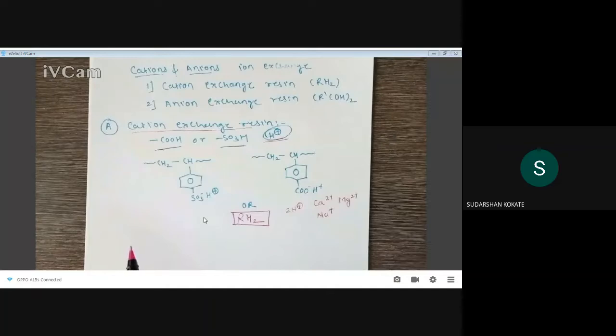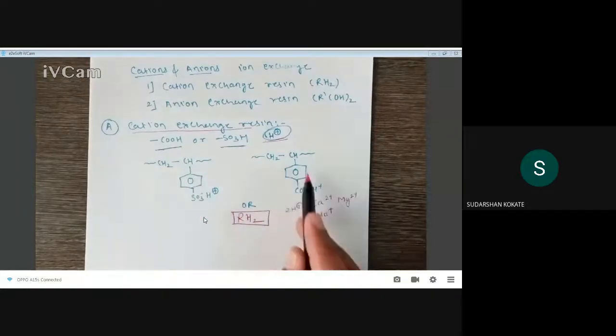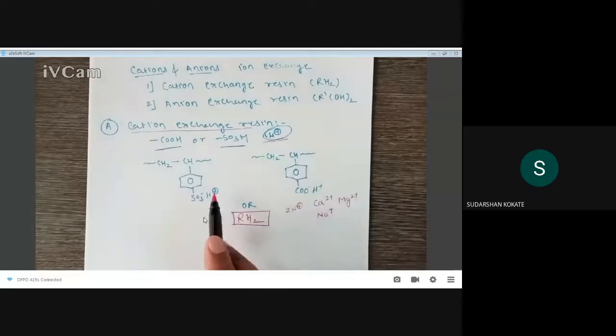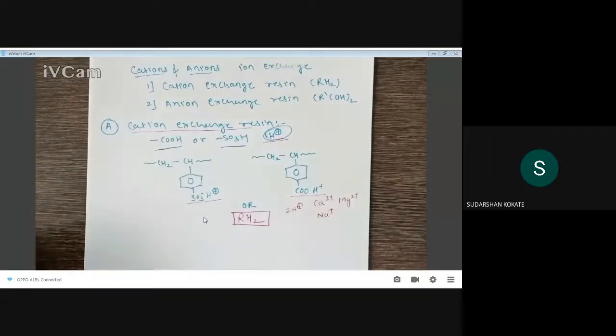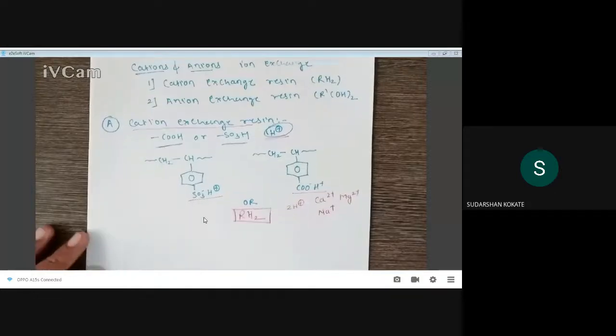A common cation exchanger resin frequently used in industry is styrene divinyl benzene copolymer, and this is its structure. It can undergo carboxylation reaction or sulfonation reaction, right? This is the structure, or in short we can represent it like this: RH2, right? So this is called your cation exchanger resin.